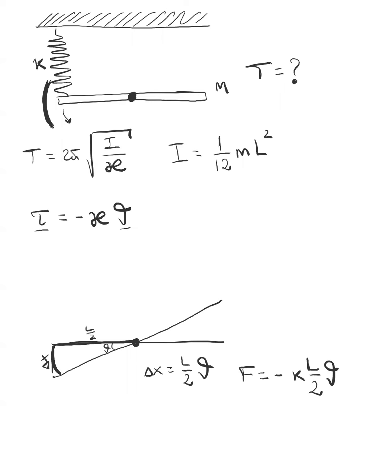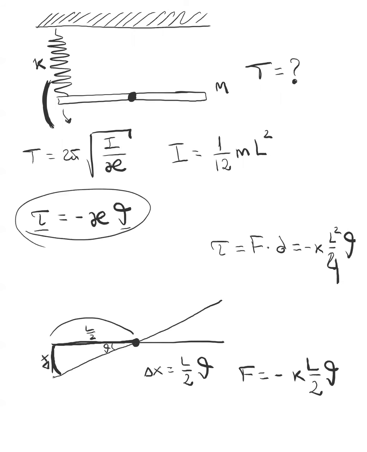And now the torque is force times distance from the pivot point, so it's negative k L over 2, times another L over 2, so L squared over 4 times theta. And by comparing this equation to that equation, I conclude that my torsion coefficient kappa is k times L squared divided by 4.